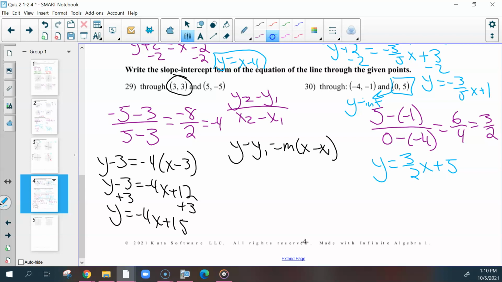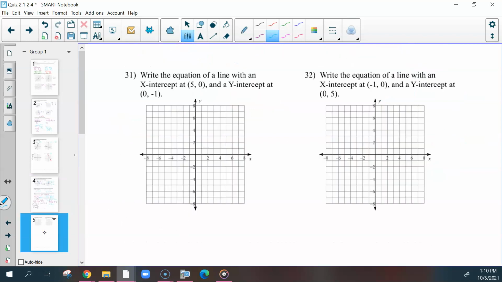Questions on those two before we do the last two, and then I'll be done talking. If the problem gives you the slope, do you have the M? You have the M if you're given the slope.